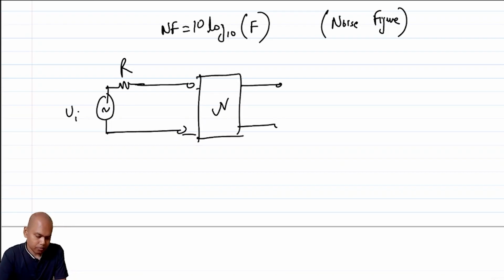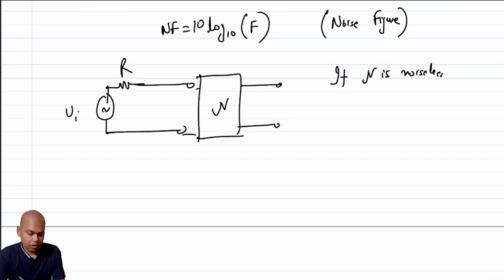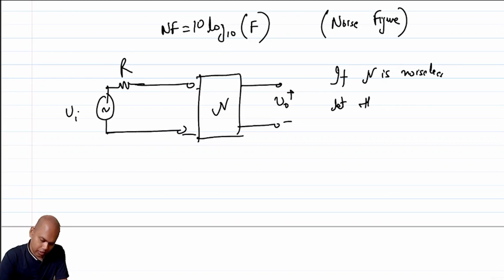Let's assume that the network is noiseless. If N is noiseless, I can find out the output, maybe voltage, maybe current, and the signal to noise ratio at the output. If N is noiseless, let the SNR at output be SNR I.